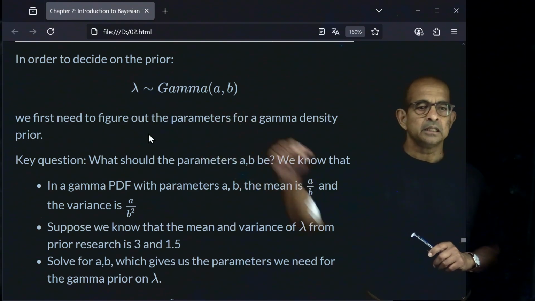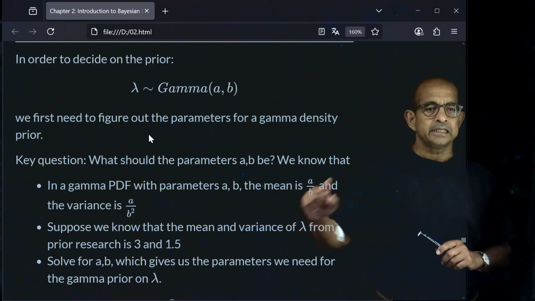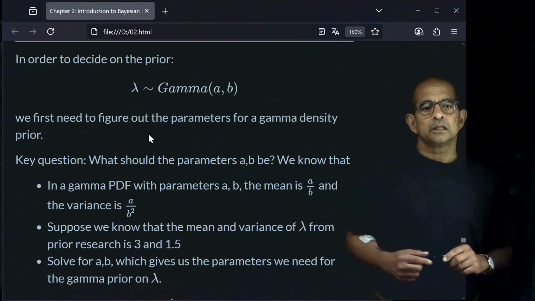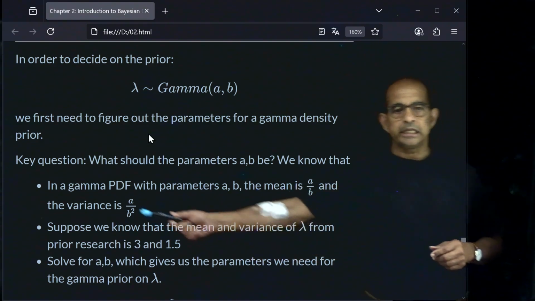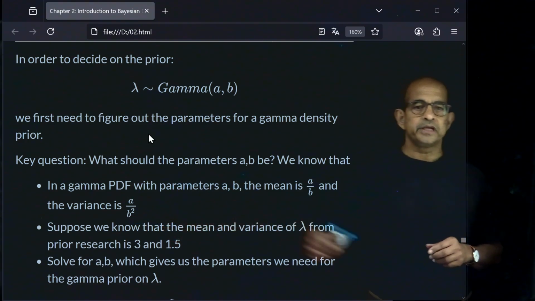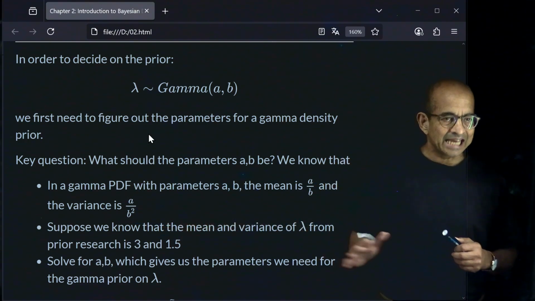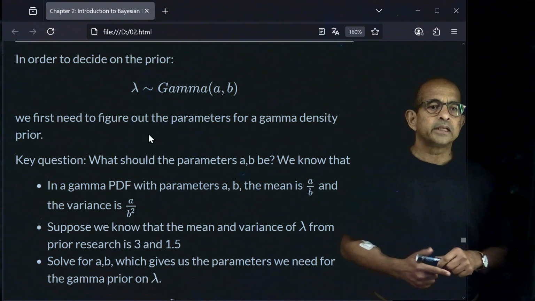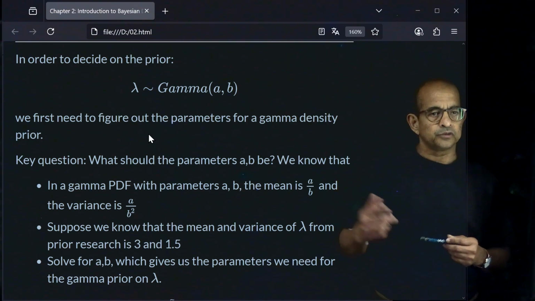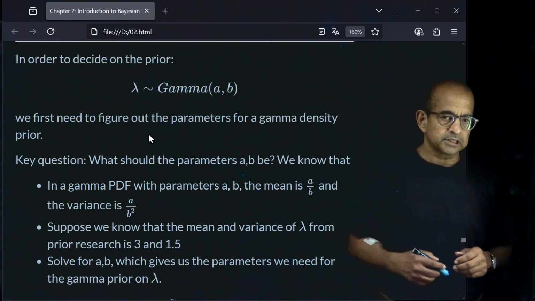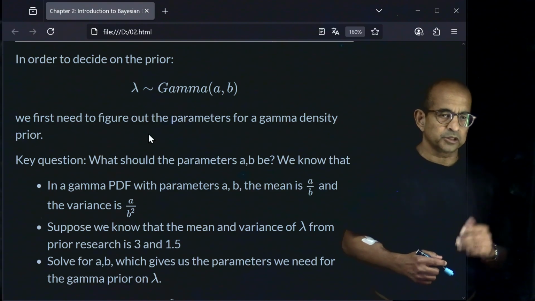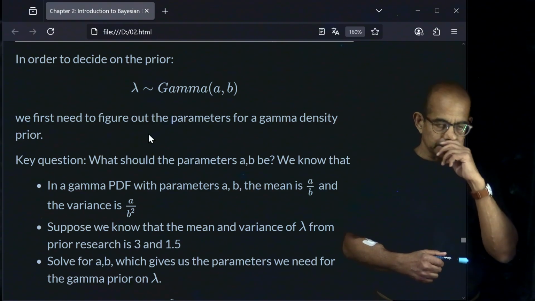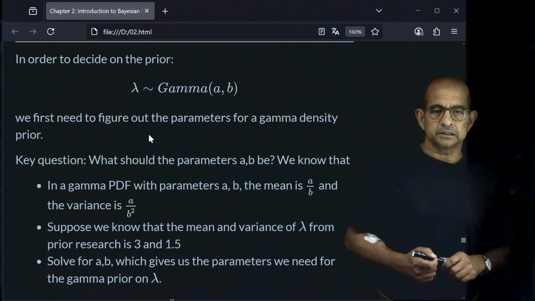So a over b is the mean of a gamma distribution, and a over b squared is the variance. That's an analytical result that one can work out. If you look at a textbook on statistics or distributions, you'll see the analytical result there.